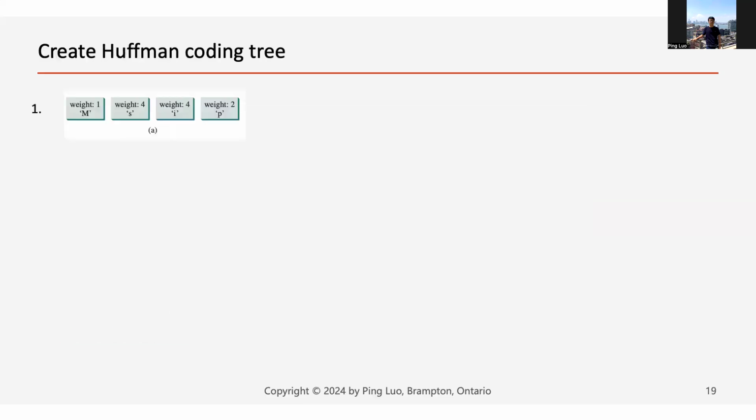The way to construct a Huffman coding tree is, we first get the frequencies. So M is 1, S is 4, I is 1, P is 2. Then we choose the two characters that have the least weight, the least occurrence, and we merge them into a binary tree. Their parent is the sum of their occurrences. After that, we choose the smallest one and merge it again.